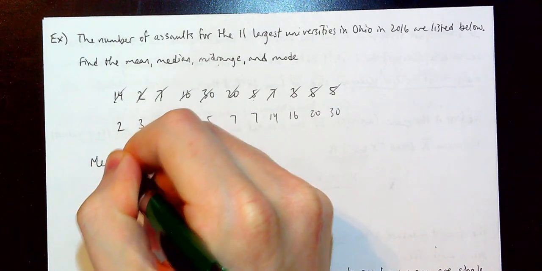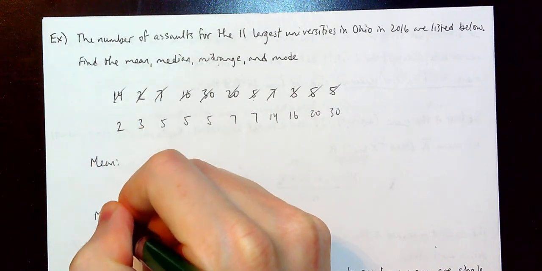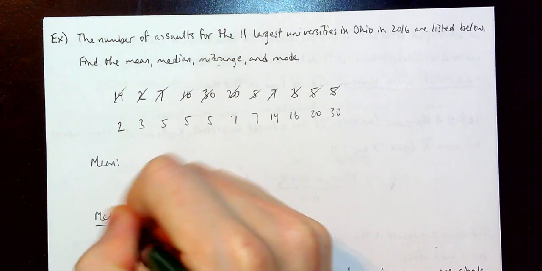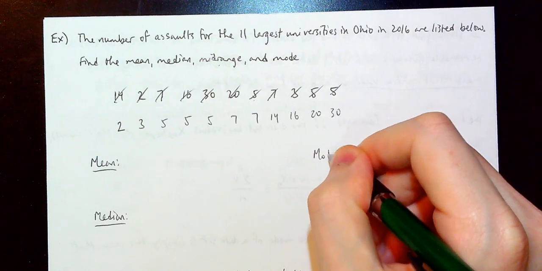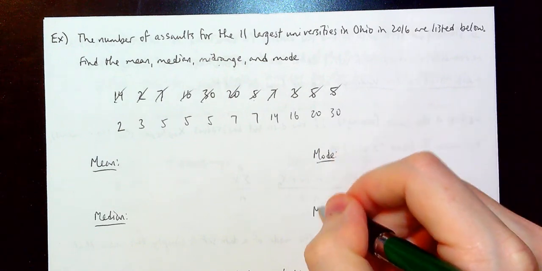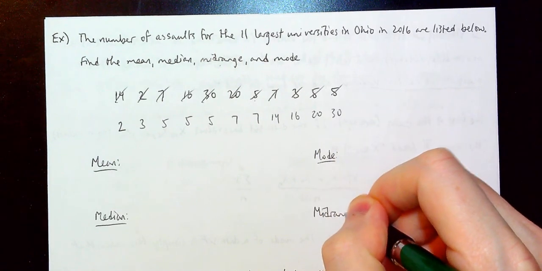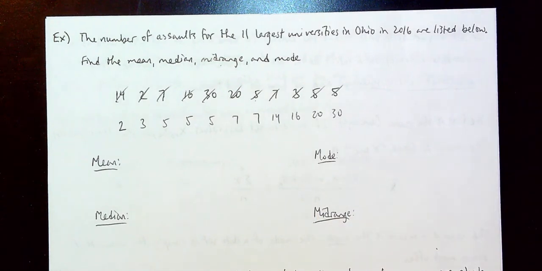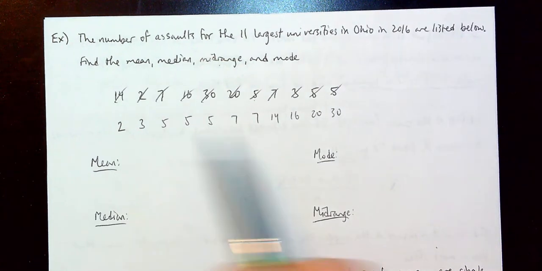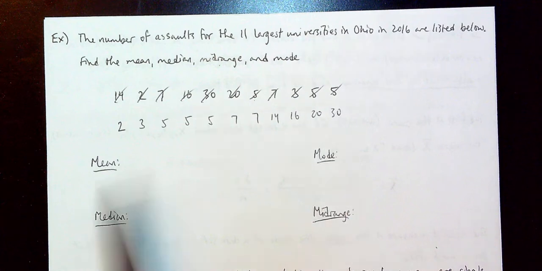So mean, median, mode, and mid-range. The mean, we said, is simply the sum of all of our values divided by the number of values that we have.